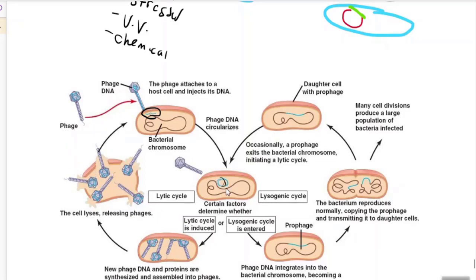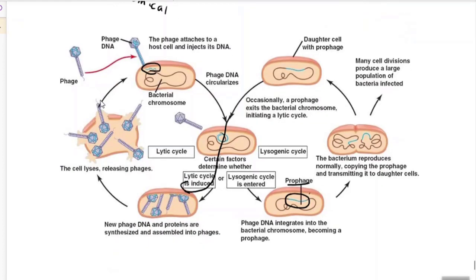Or the phage DNA can insert itself right here into the bacterial chromosome, in which case we call it a prophage. It can hide out there for a long time, and any new daughter cells will also have the prophage DNA. Or it could switch and again become a lytic cycle, so we could go this route and go back, and again it could cause a lytic cycle.